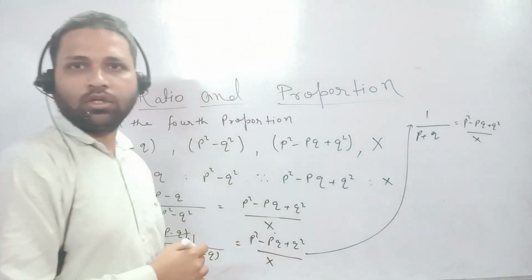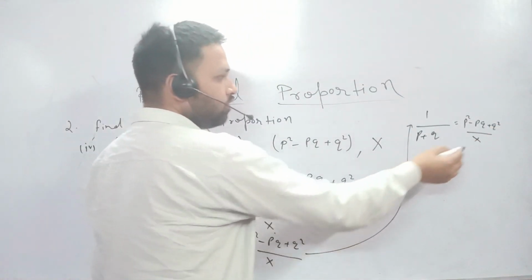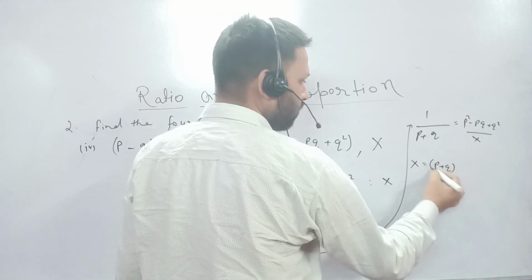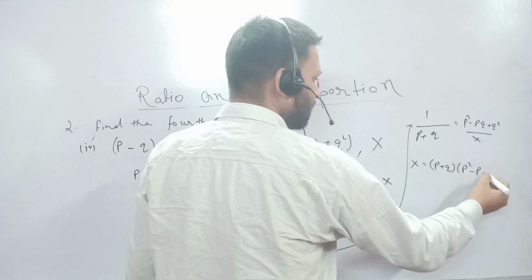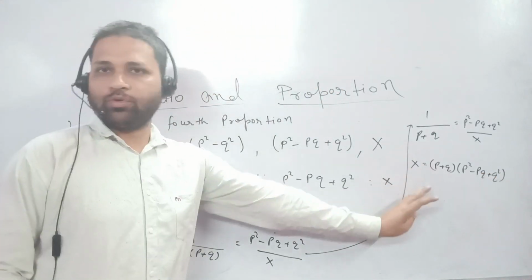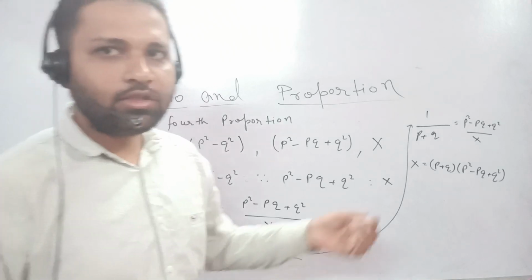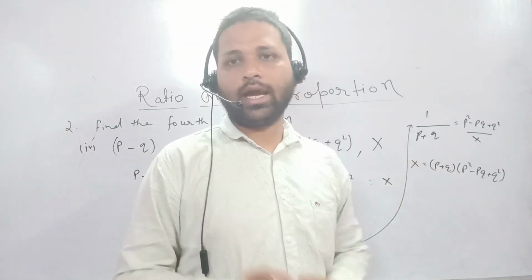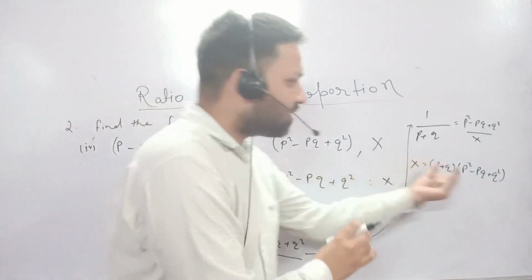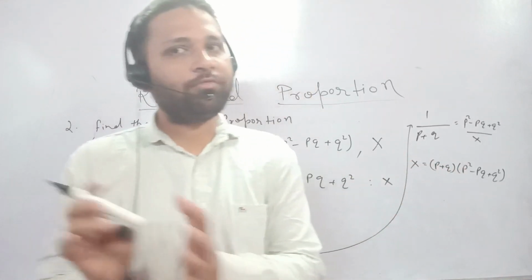Is it visible? Then you can cross multiply: x is equal to p plus q into p square minus pq plus q square. It is the fourth proportion, but it is not in simplest form. You have the right to write this number in simplest form, and that is the final answer.